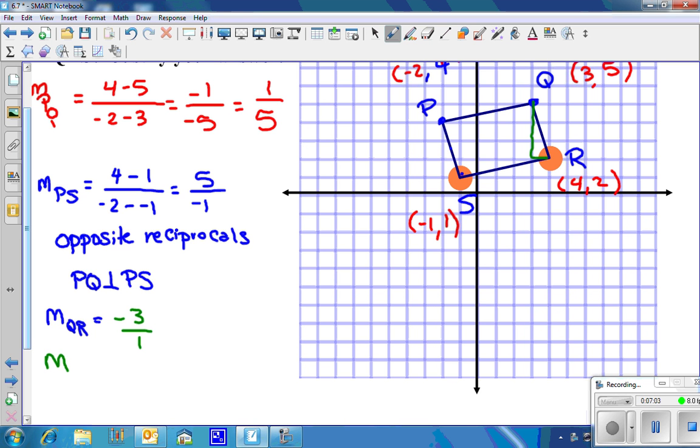And now I'm going to look for the slope of SR. And if it's 90 degrees also, or opposite reciprocals, then they're perpendicular, which means they're 90-degree angles. All right, so this one, I started at the farthest one on the left, I rise 1, and I went over 1, 2, 3, 4, 5.